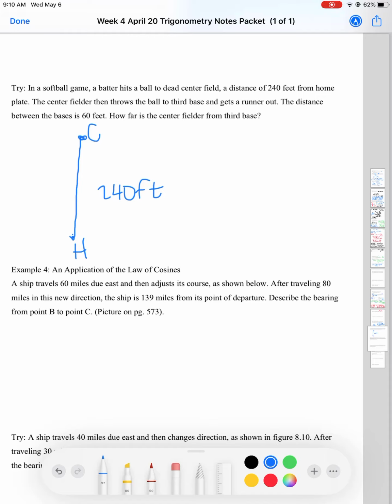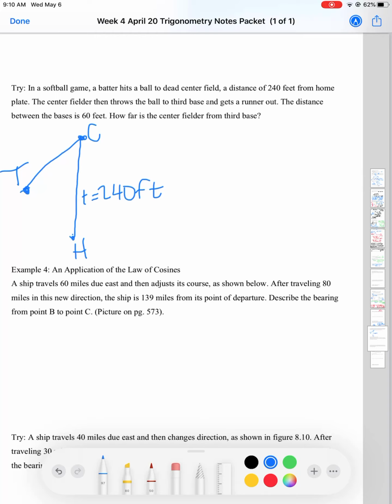The center fielder then throws the ball to third base and gets the runner out. So they throw the ball to third base. So that would make the side T 240 feet.